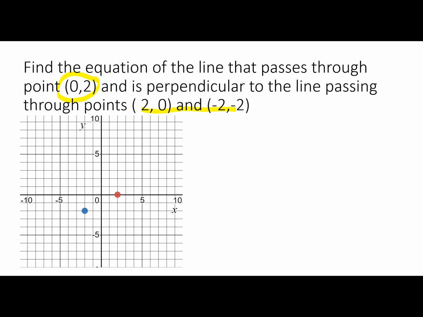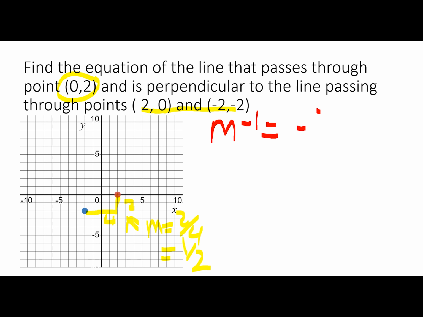So first step, rise is 2, run is 4, so the slope is 2 over 4, which is 1/2. Now I want to find the slope of the perpendicular line, which will be the negative reciprocal of this one.